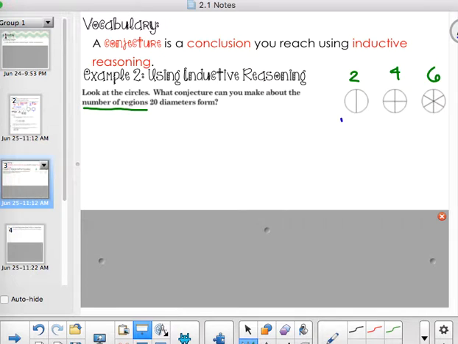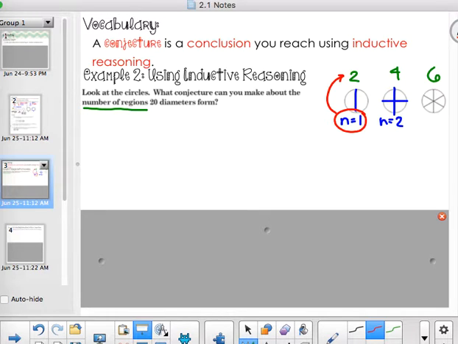The very first term in the sequence has an n value of 1, which corresponds to the fact that it only has 1 diameter. The second one has an n value of 2, it's the second term in my sequence, which correlates to the fact that it has 2 diameters. How can I relate their n value to the number of regions formed in each situation?